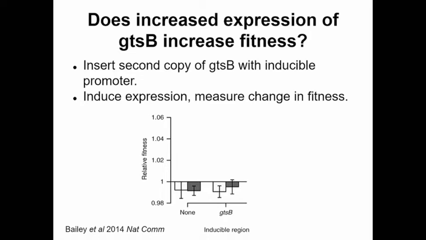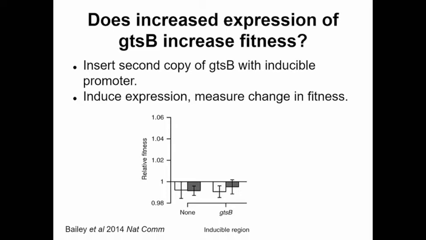So to do that, we insert a second copy of the gtsB gene. So in this case, we're just inserting the wild type because we just want to increase expression of gtsB and see if that in and of itself increases fitness, okay? So we put that second copy in with an inducible promoter, we induce expression, and we measure the fitness.